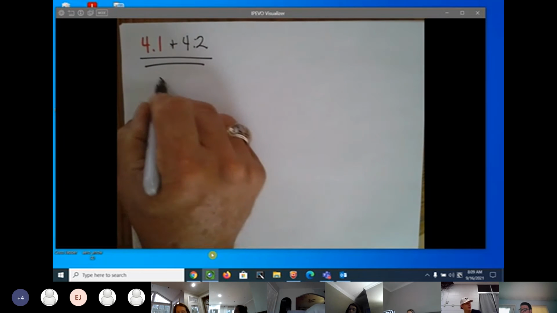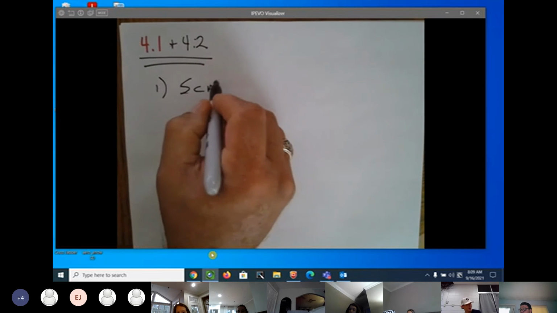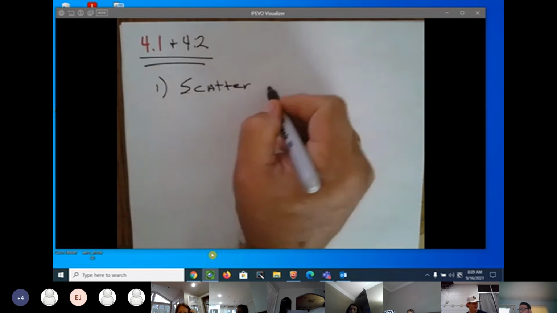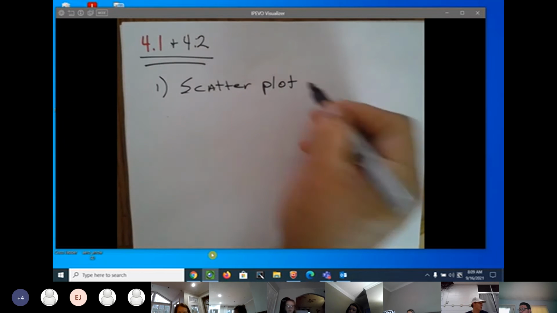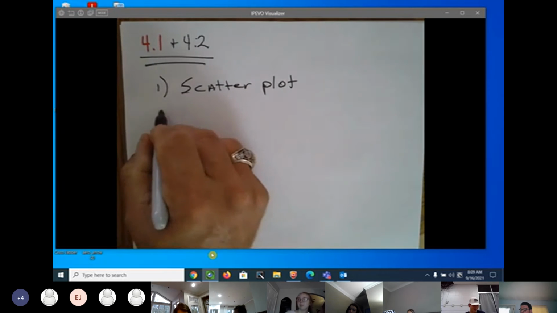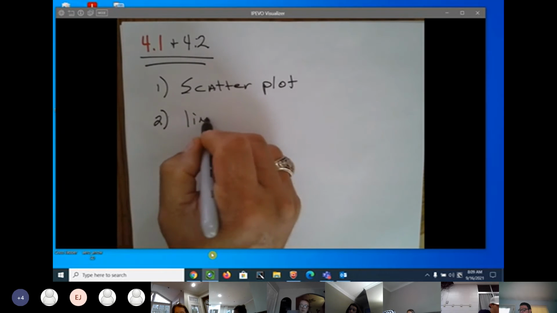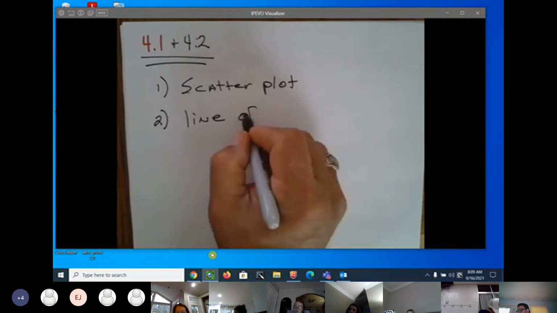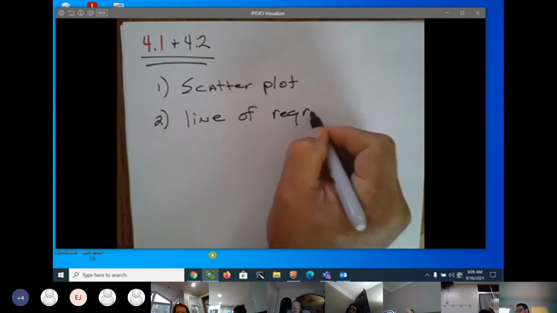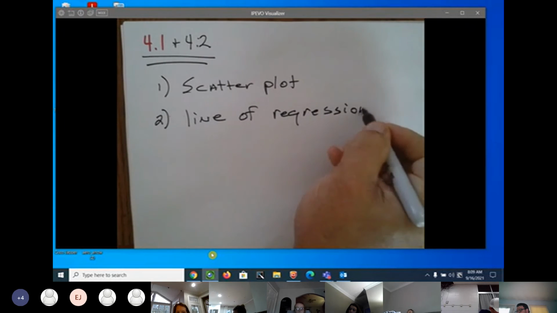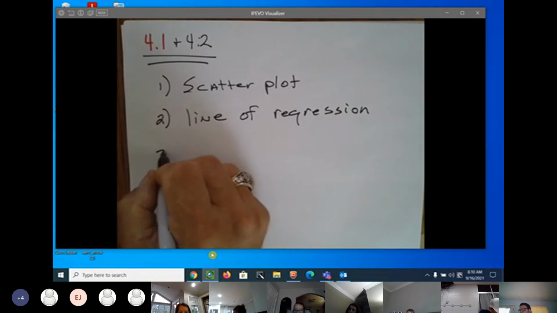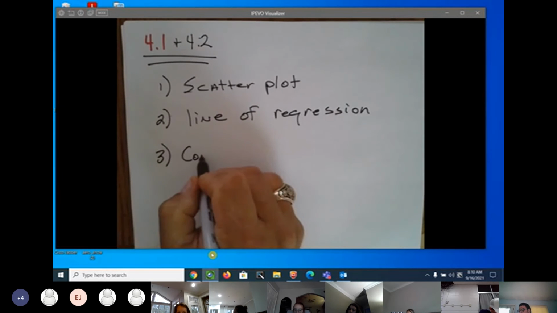One, scatterplot. Two, line of best fit or line of regression. Correlation and causality.